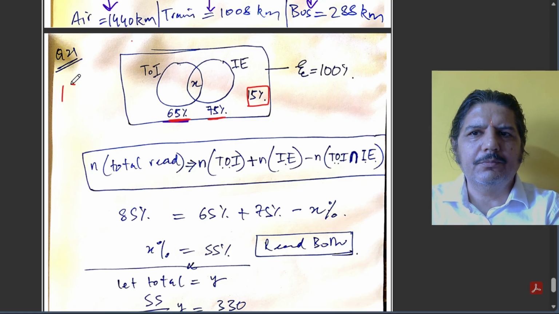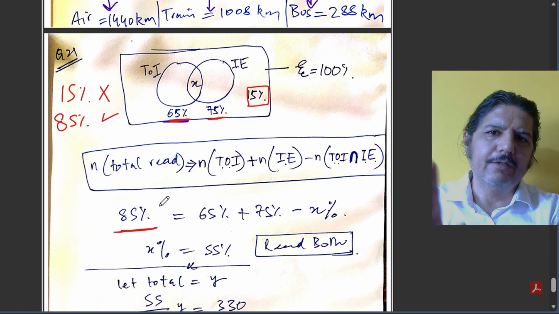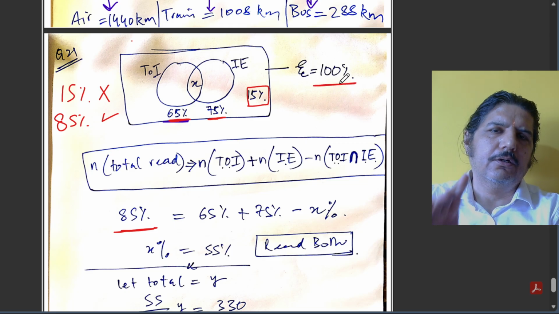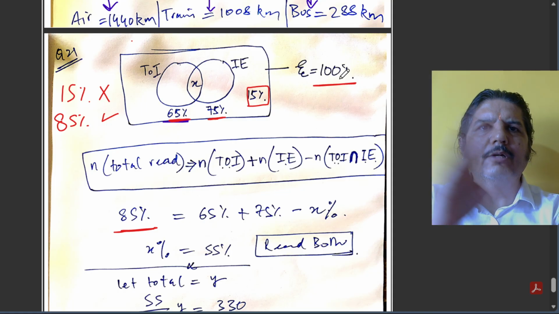Because 15% don't read, the readers are 85%. So these are the readers who read the newspaper. The total people are 100%.